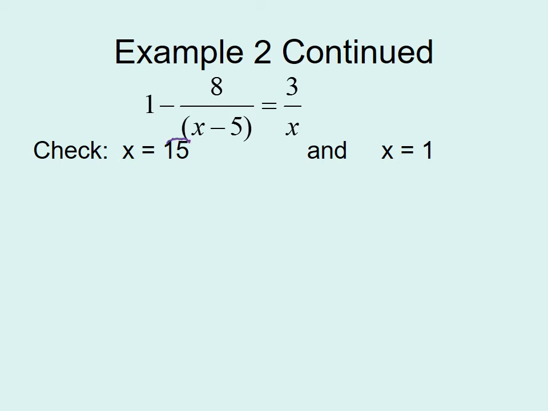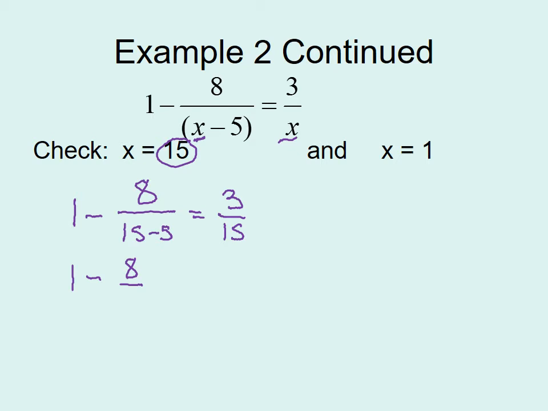So 15 is going to go in for x. So I have 1 minus 8 over 15 minus 5 equals 3 over 15. I have 1 minus 8 over 10, which equals 3 over 15.